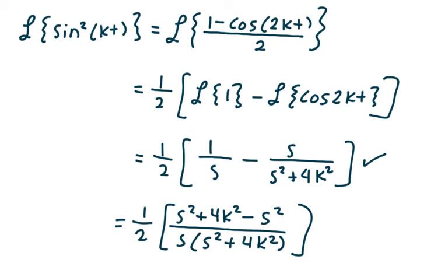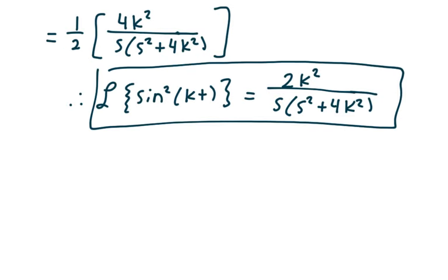And then getting a common denominator, we're going to write the following. This is 1/2 the quantity s squared plus 4k squared minus s squared divided by s times s squared plus 4k squared. So notice how the s squareds cancel, right?